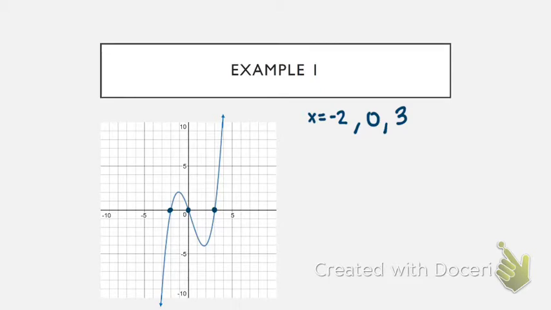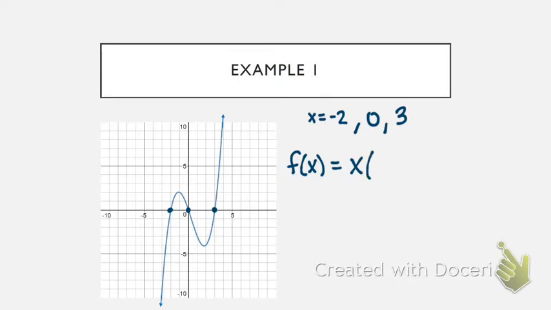So when I'm writing my equation, y equals, if I have an x-intercept at 0, that means I have an x out here by itself. So an x-intercept of 0 means I just have a lone x in the equation.